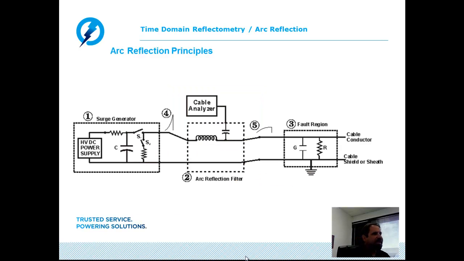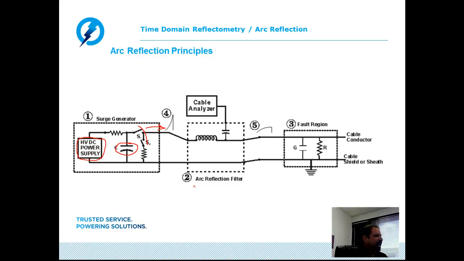Now, breaking this down into more of a circuit model, what we have is the surge generator, as we discussed earlier in this presentation series. We have a power supply charging up an internal capacitor, and we have a discharge switch which in essence discharges the stored energy or voltage of the capacitor onto the cable under test.